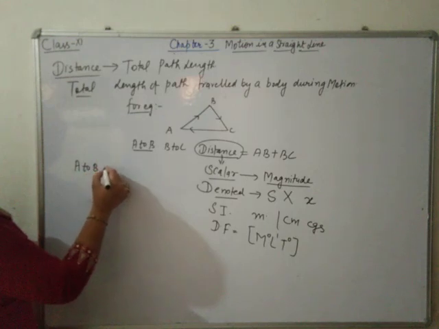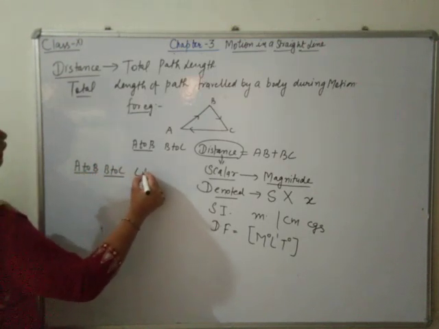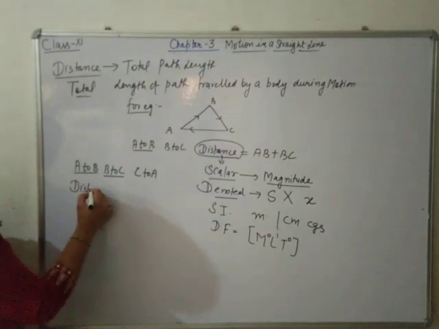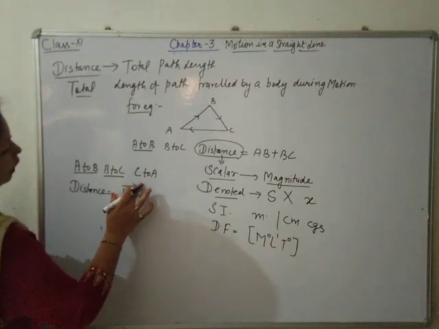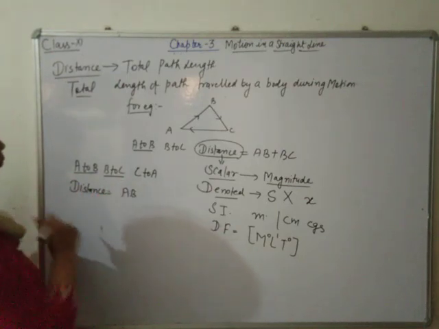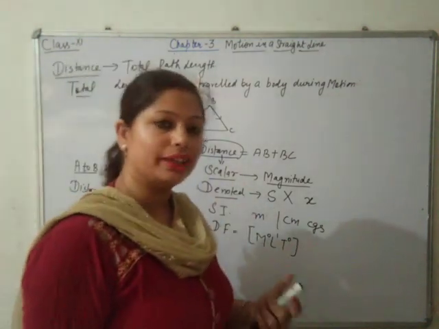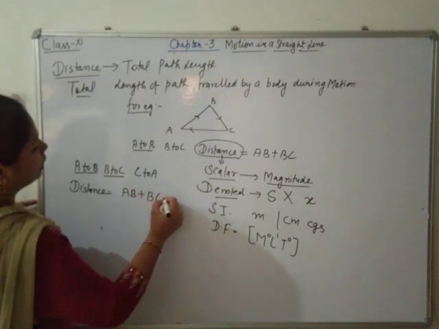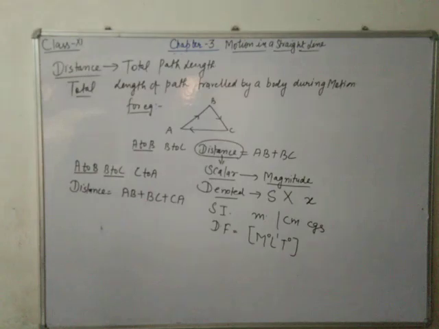A to B, B to C, then back C to A. What is the distance? Distance is the total path length, which is equal to AB. There is no need to put an arrow mark. Why? Because we have not given any preference to the direction. So it will be simply equal to AB plus BC plus CA. That is the total path length.